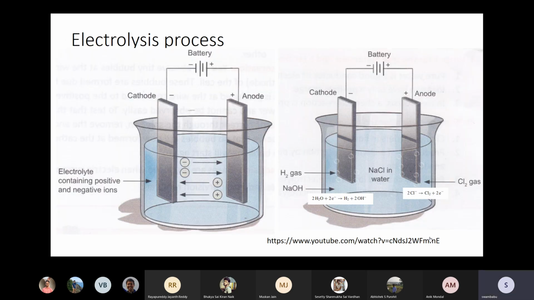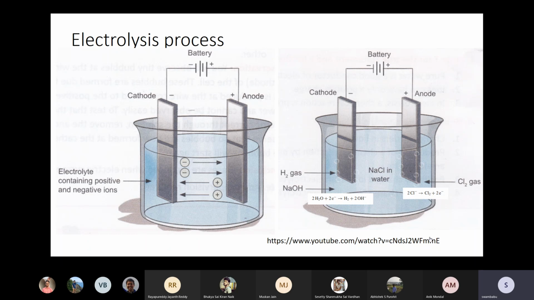So what is this electrolysis process? If you take an electrolyte which contains positive ions and negative ions, we have a beaker. In this, we have an electrolyte which has ions.